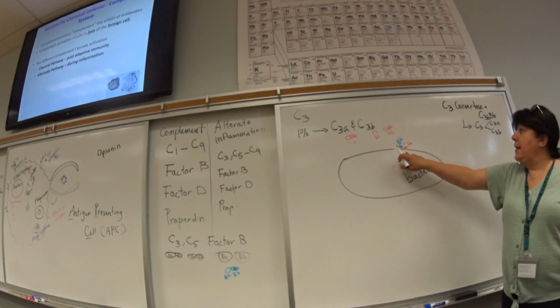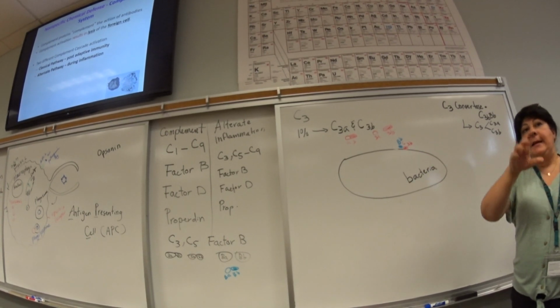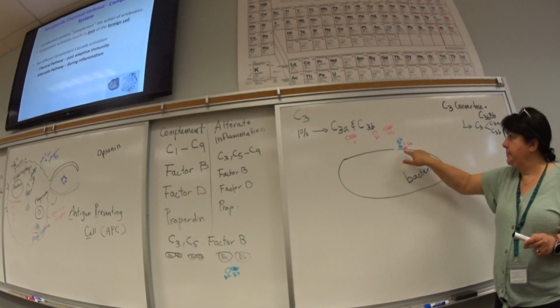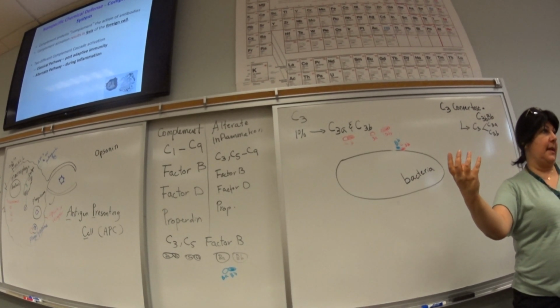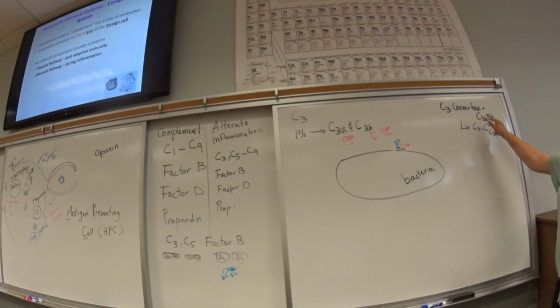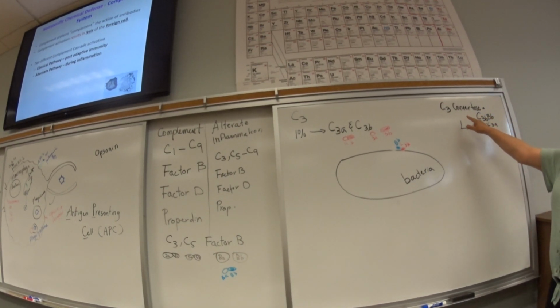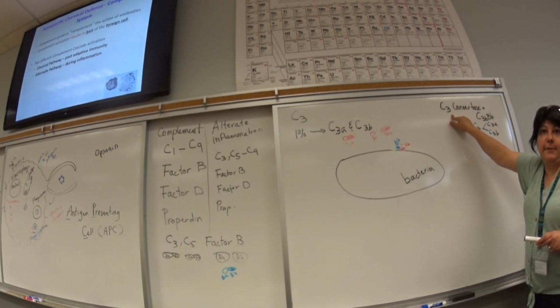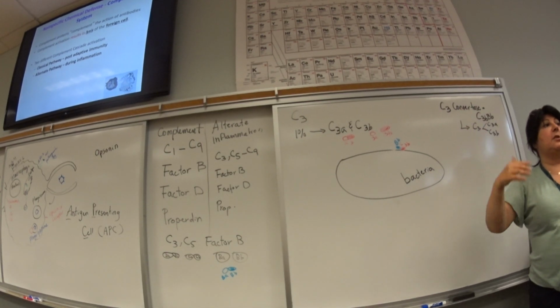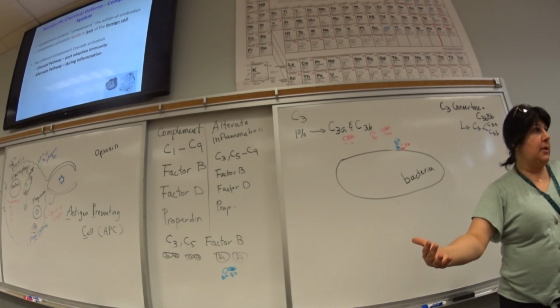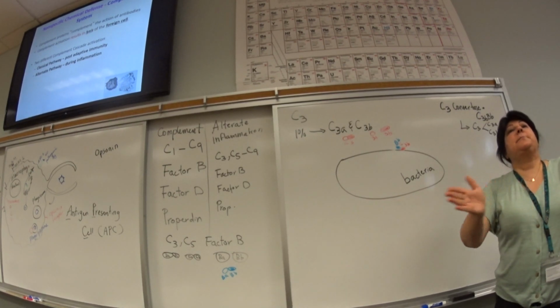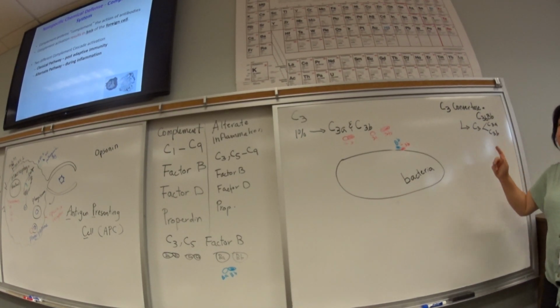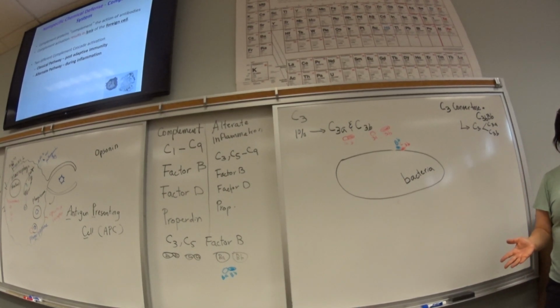But once it's there, it will get factor B, and with the help of factor D, it's just going to keep the part B of that factor B. So it turns into C3BBB. That is the formula for an enzyme we call C3 convertase. C3 convertase converts all C3s next to it into active form, so it splits them. Now you have 100% concentration of C3b. All of those are going to try to find a bacteria and attach to it.